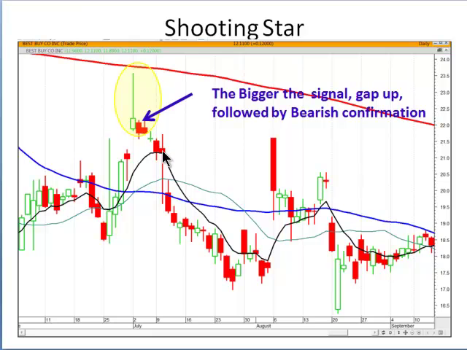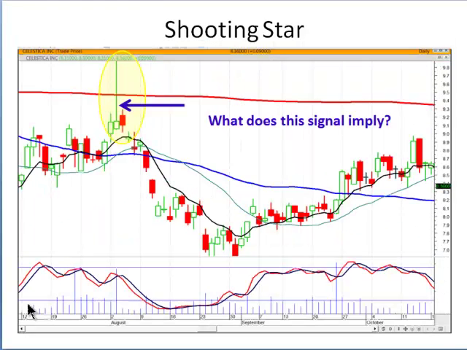In this case, there was no bullish confirmation yet at the T-line. If you happen to have gone short, this kept you short all the way down until it closed up above the T-line. The bigger the signal, the more compelling the reversal is that you're in a downtrend.